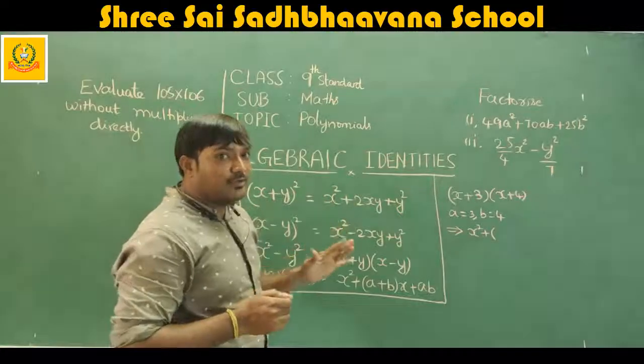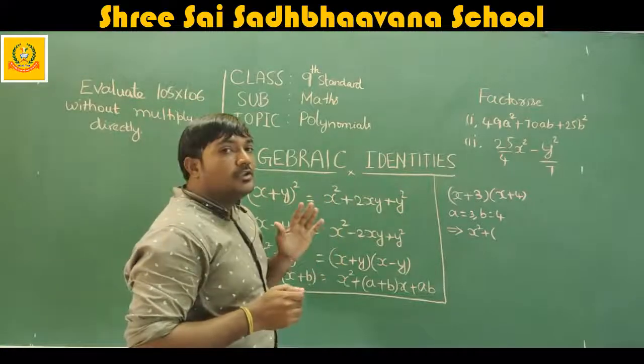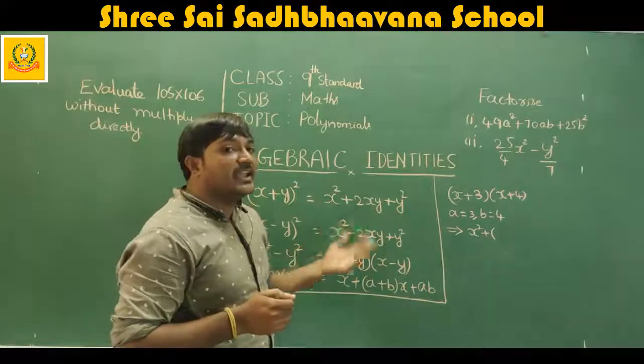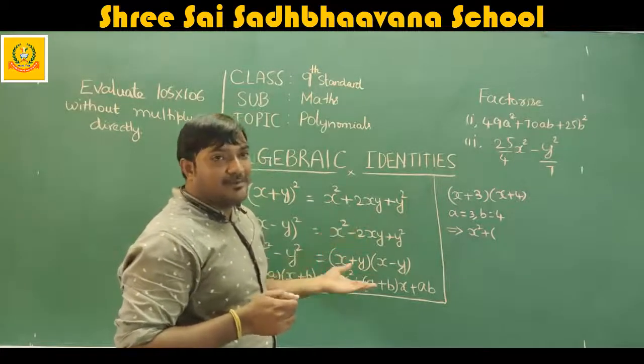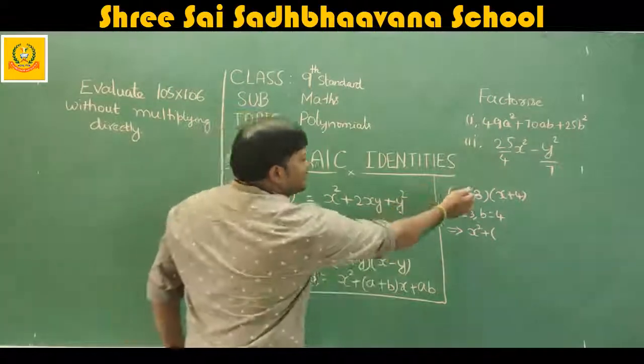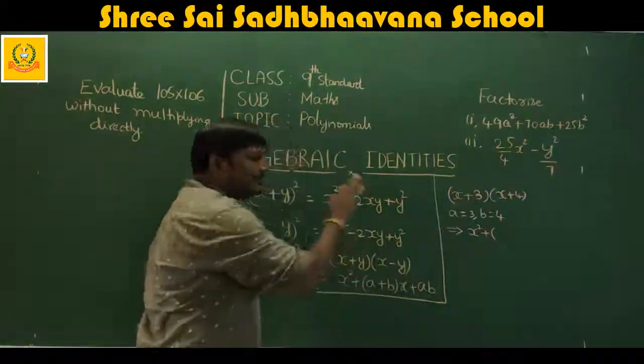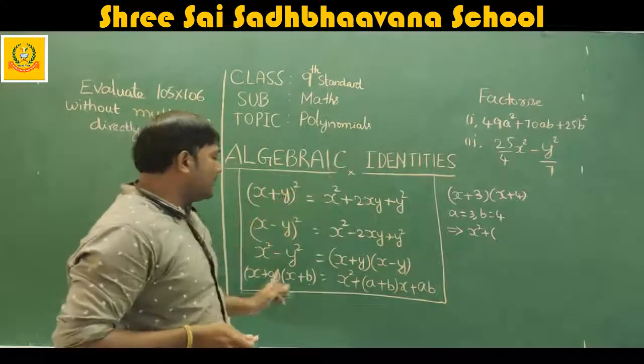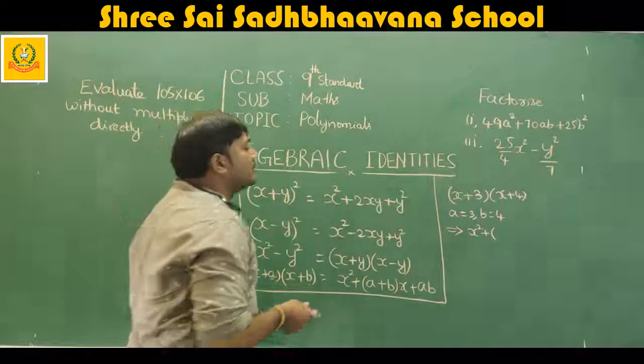Don't change the x value; you should remember that. You can change a and b, it may be 5, it may be 6, anything, but x remains the same. In this particular sum, a value is 3 and b value is 4.